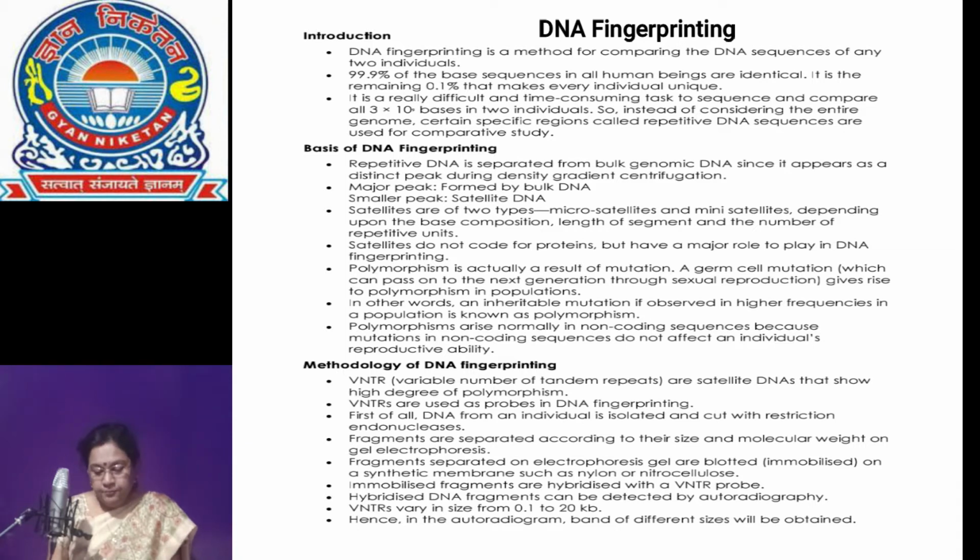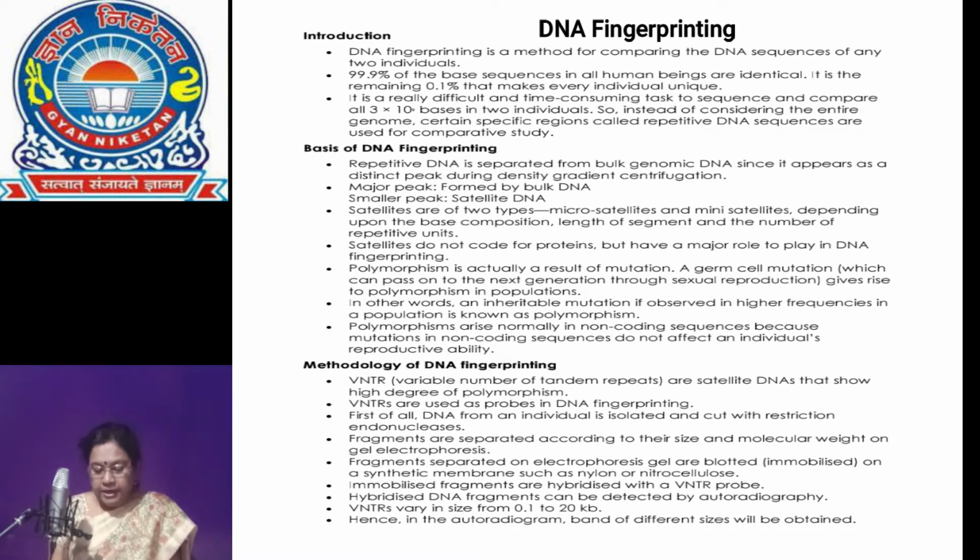DNA fingerprinting uses short nucleotide repeats known as VNTRs, that is variable number tandem repeats. These are called markers, and VNTRs vary from person to person as they are inherited from one generation to the next. Only closely related individuals have similar VNTRs.